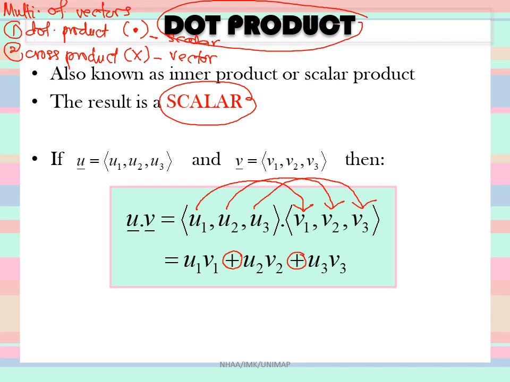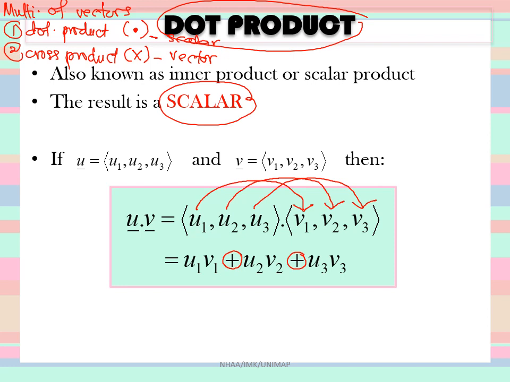You see? So multiplication will apply to the components respectively. First component with the first component, second with second, third with third. And you will sum them by using addition. You will get subtraction if your component is negative.